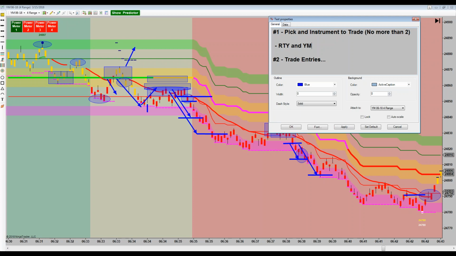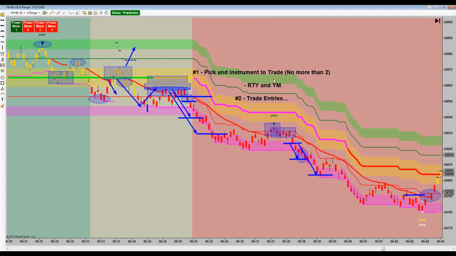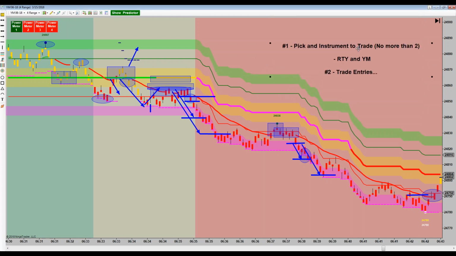Now, if you haven't learned, yeah, they're very low risk. If you manage the trades, for instance, right here, I'm just going to look at this real quick. Let's say you took this trade and this trade. How much money did you make? Short, short, and short. Let's say you didn't get the runner. You just got the 10 and the 20. 10 and 20, 10 and 20. How much did each of these trades make?